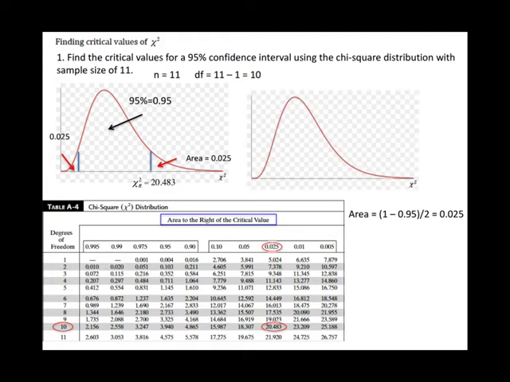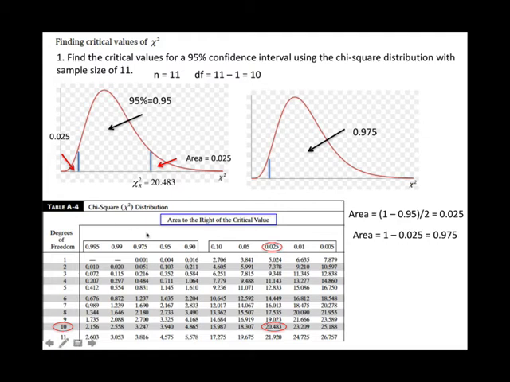Now we need to find chi-squared to the left. We already figured out the area to the left is 0.025, but every time you use the table, you need the area to the right. So you do 1 minus 0.025, the total area take out the area of the left tail, which is 0.975.